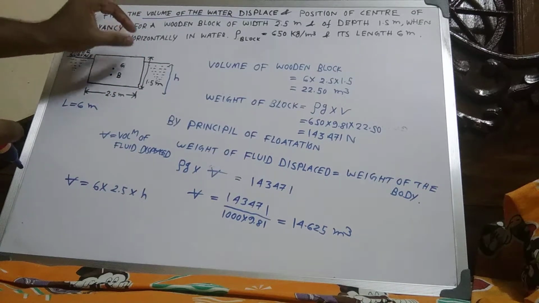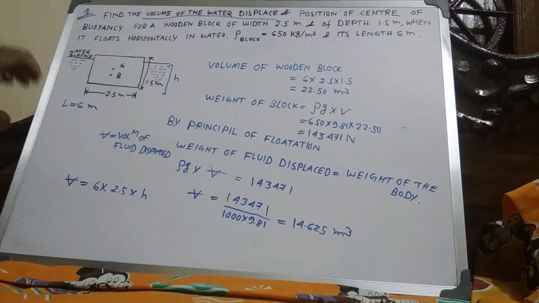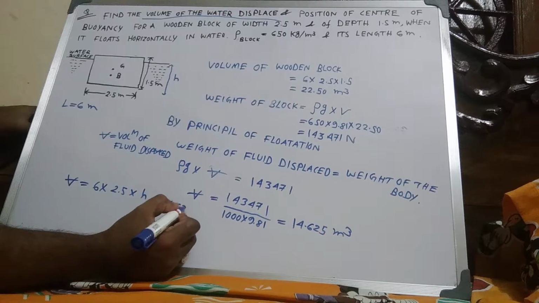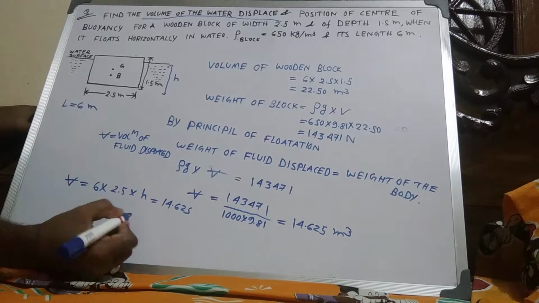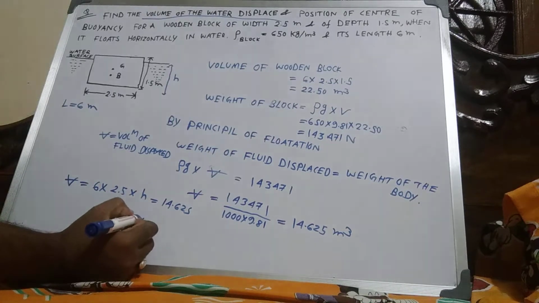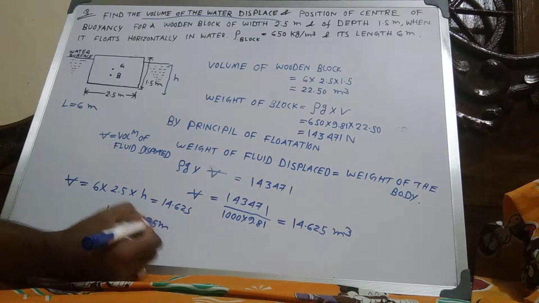Only this portion is displaced, not the whole, so it equals 14.625, so h equals 0.975 meters.